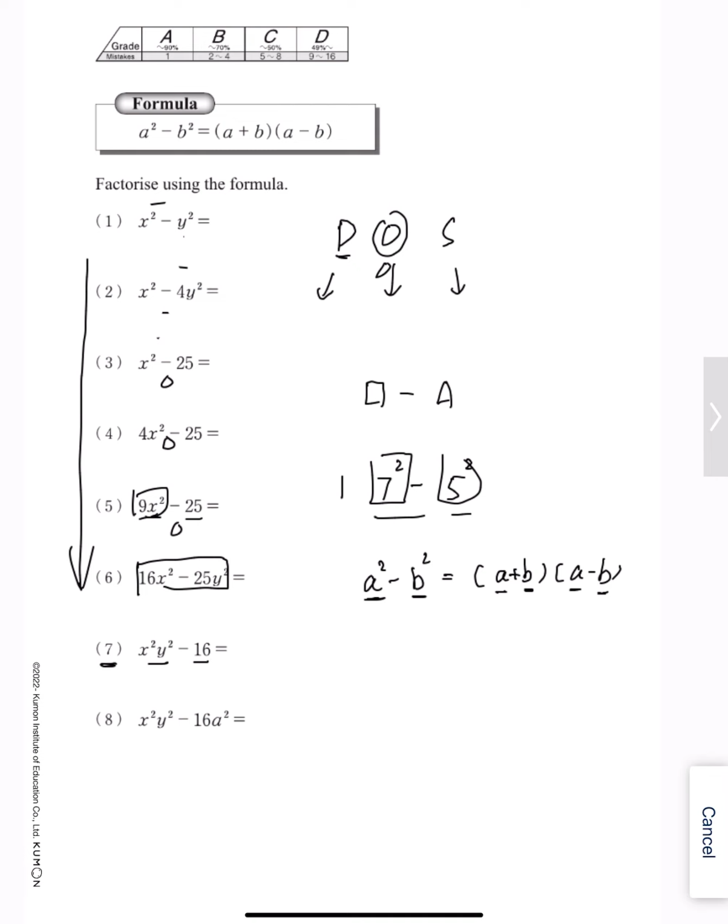So in this case, x squared y squared, let me think. If it's xy and then I power it, will that be x squared y squared? Oh yeah, it is. So basically, this is just xy squared. What about 16? Oh, 16 is actually 4 to the power of 2, right?